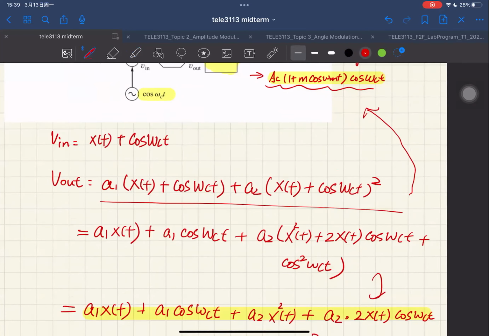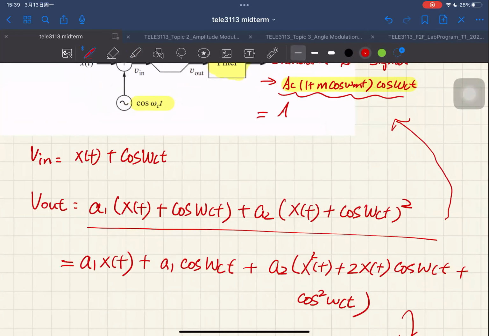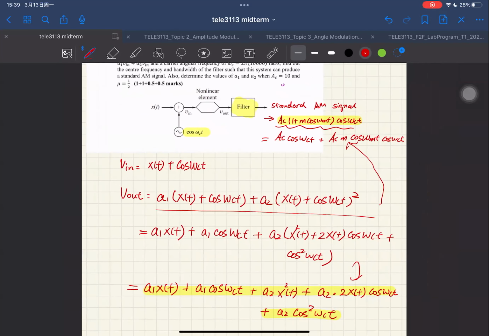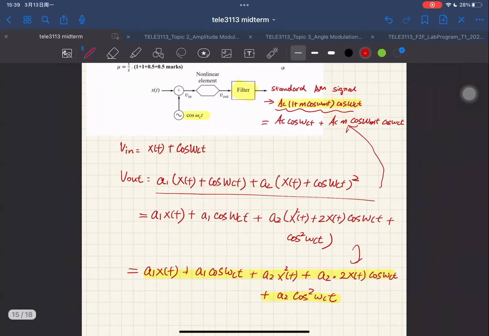What does this one look like? It's essentially just A_c cos omega_c t plus A_c n cos omega_m t cos omega_c t.